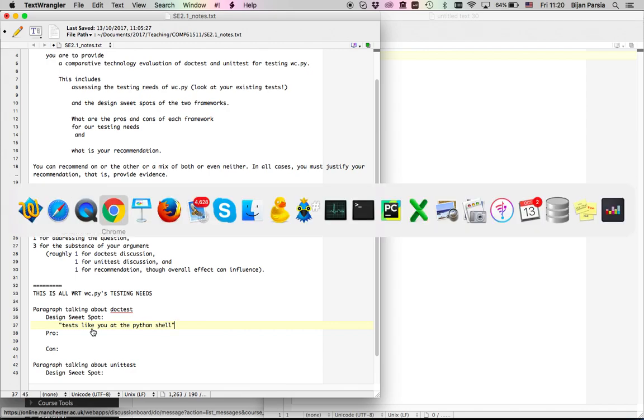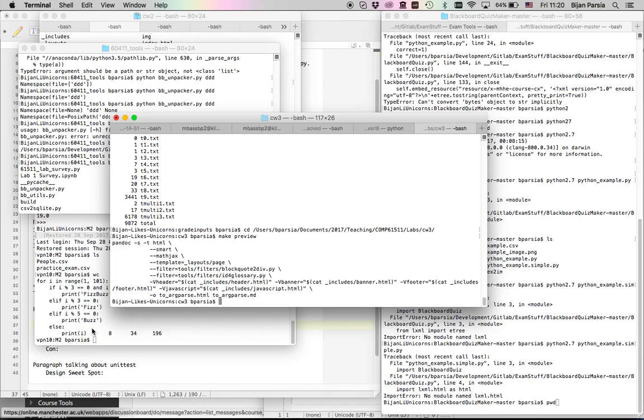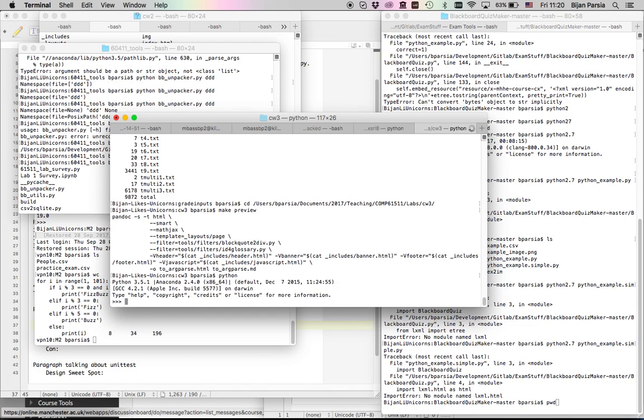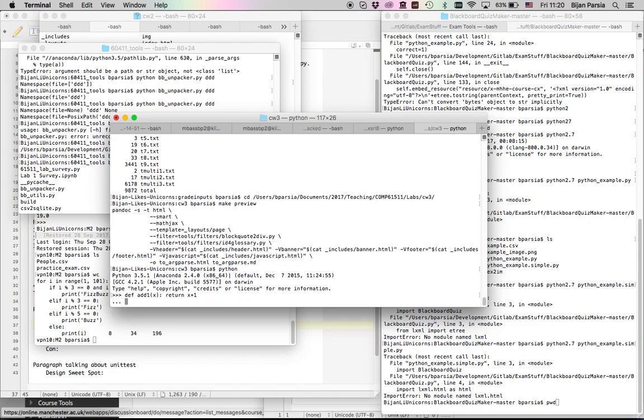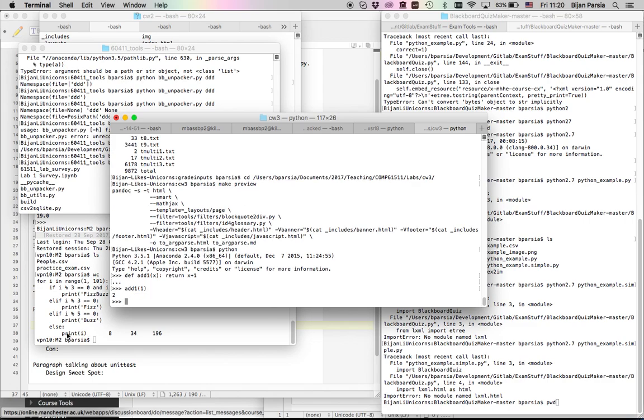When we go into a shell, we go python, and we write a little function, def add1. That's a very simple little function that I created. If I want to test it, I do things like add1(1). Oh, 2. So this is sort of very initial playing-around testing.